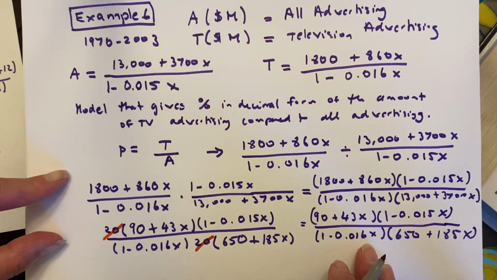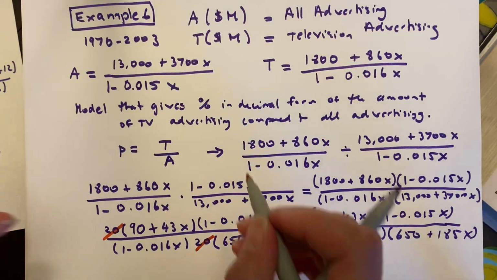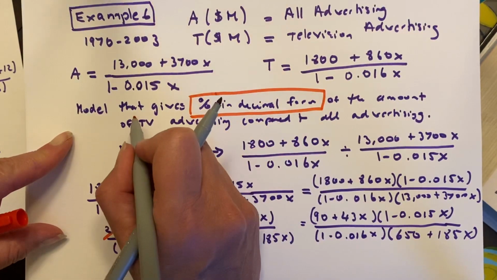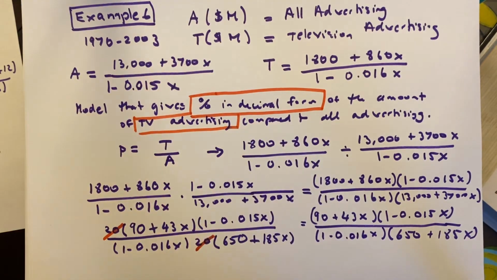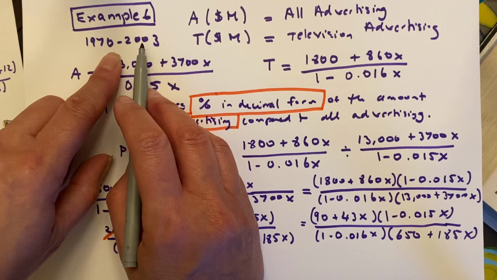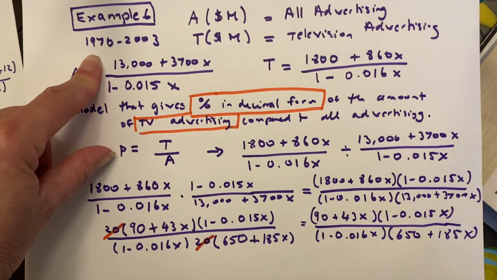And if you remember, it's easy to forget what we were doing in the first place. We're just trying to find the percent in decimal form of TV advertising compared to all advertising. That's what all this was about. So we now have an equation that's usable, and they ask us to approximate the percent spent in 2003. Well, 2003 minus 1970 gives x equals 33.